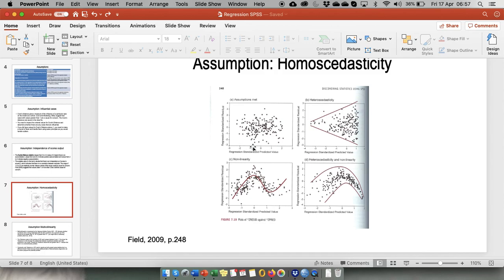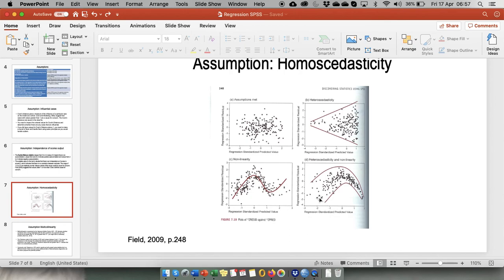When we don't meet the assumption, we can see heteroscedasticity, where everything is clustered around the higher values of our independent variables. We may also observe a non-linear relationship in here, and if we observe that, that's a problem, we can't rely on the results of the regression.